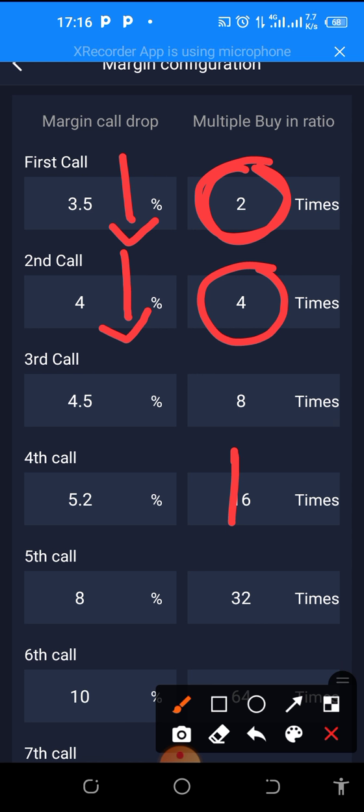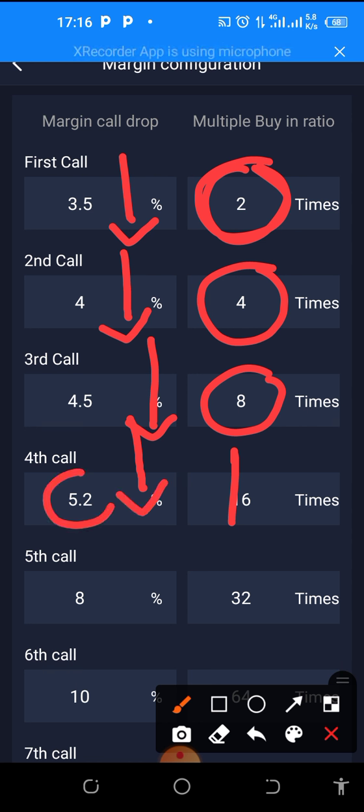So as we go further, it means even if price drops further by 5% from the second call, it buys 8 more for you and holds. If price drops further again from that 5.2%, the fourth call, it buys 6 more times, and it keeps repeating that.